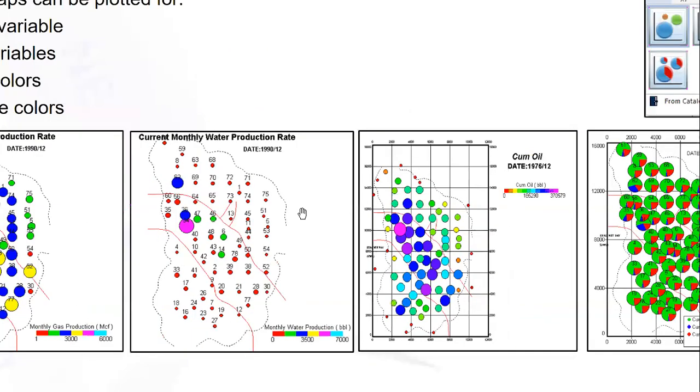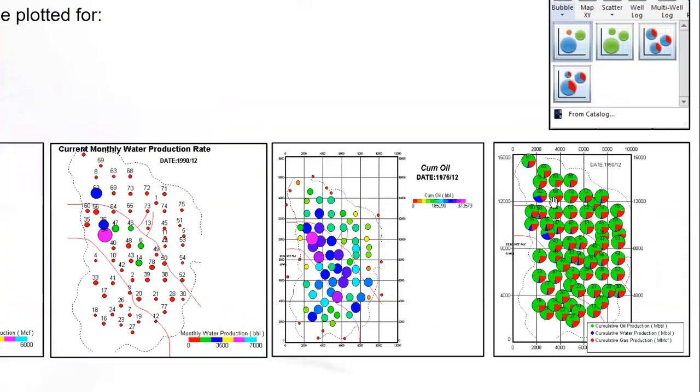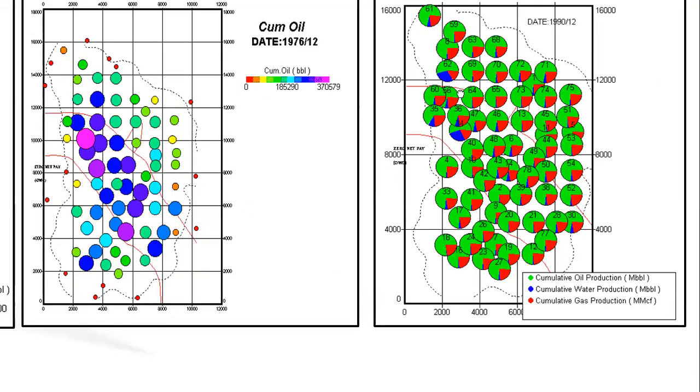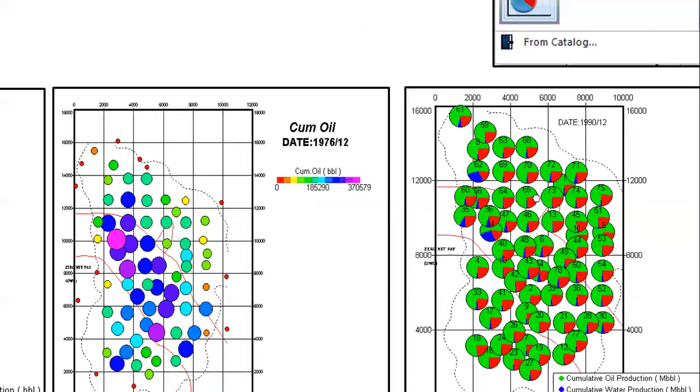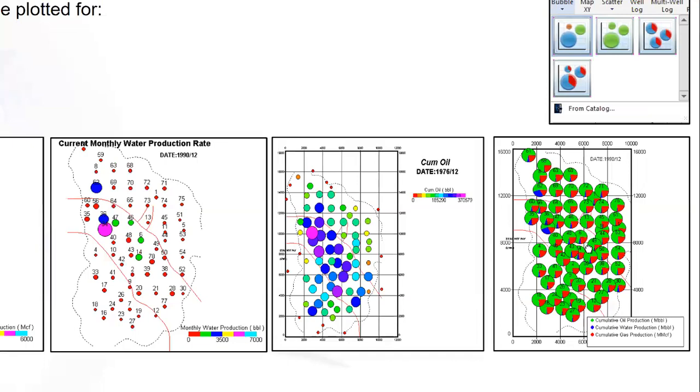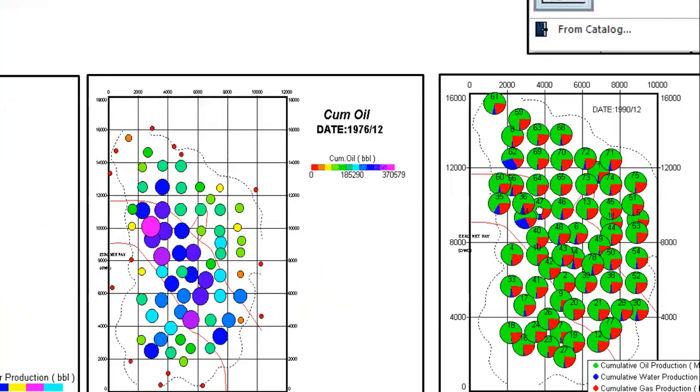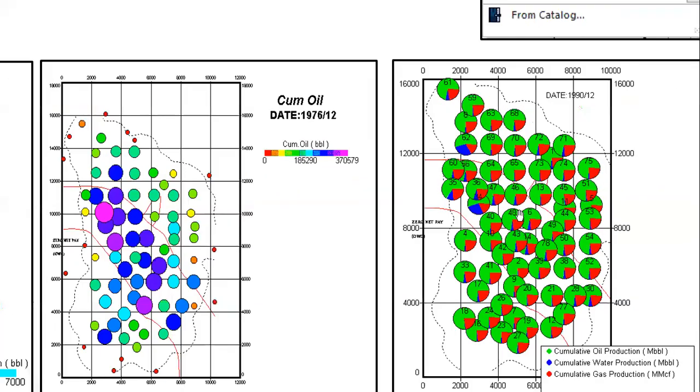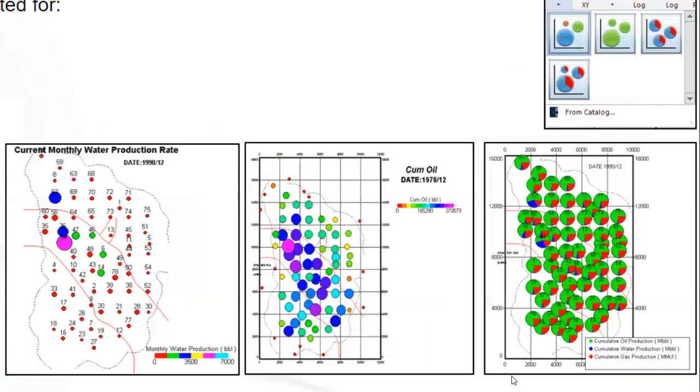And like cumulative oil and water production, this is a very important map to highlight the areal distribution and versus time of the production data for all wells, and accordingly you can identify the wells with high water production in this part of the field on the western northwestern part of this field.